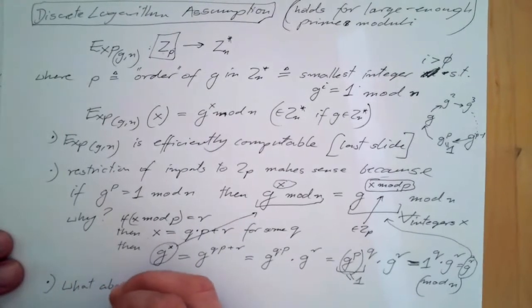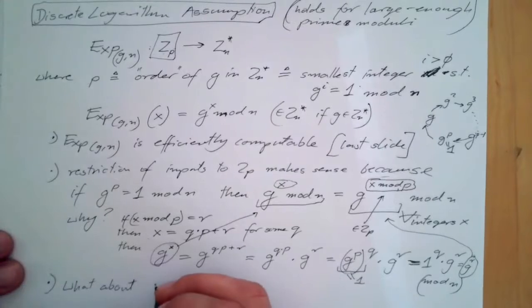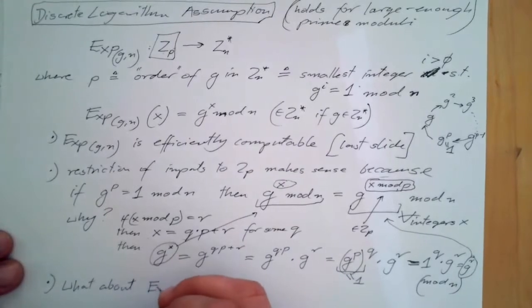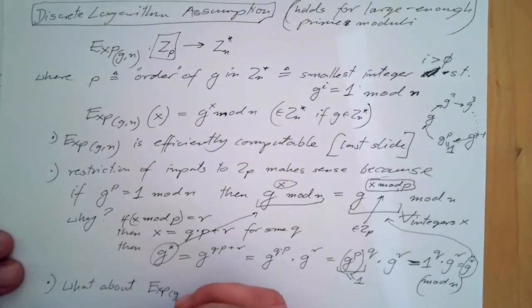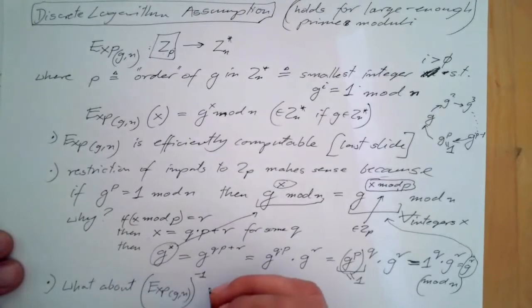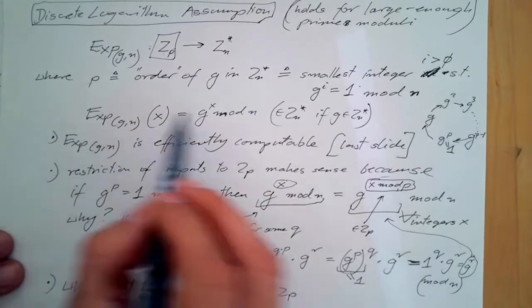What about the inverse of this function? What about a function which is an inverse of that one? In other words, it goes from here and outputs something in Z_p which inverts this.